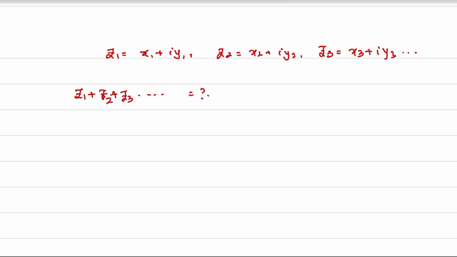How do you write it, and how do you express in the geometrical form the addition of more than two complex numbers? Similarly, if Z1, Z2, Z3 are given, how do you represent Z1 minus Z3, Z1 minus Z2, Z2 minus Z3? How do you represent geometrically and also in the equation form?